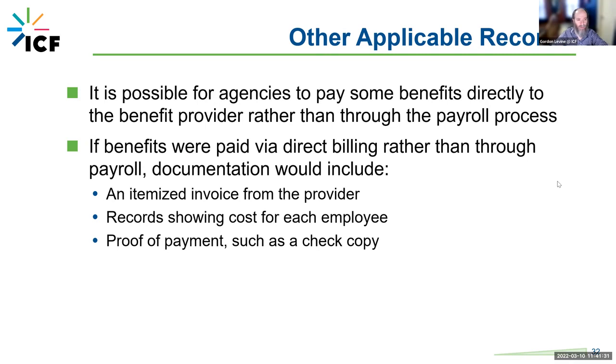If benefits are paid via direct billing rather than through payroll, the documentation you'd be looking for is an itemized invoice from the provider, a generalized record showing the cost for each employee, and then proof of payments, again, like a check copy. That's a little more unusual, but you do see it from time to time.